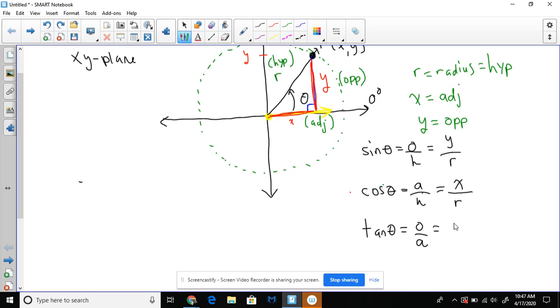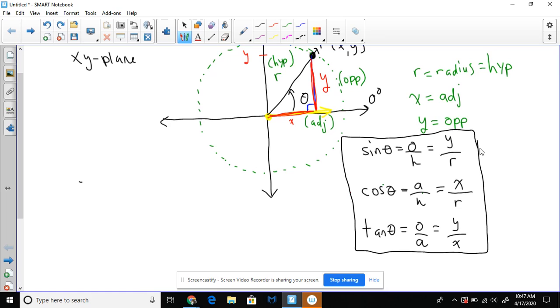Opposite now is the y value, and the adjacent is just x. So these are the new ways that we're going to write out the trig ratios. I'm essentially going to ignore the old ones now, because we're now spinning around on the xy plane.